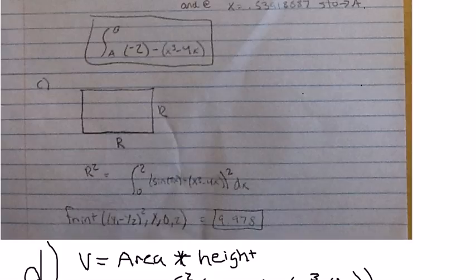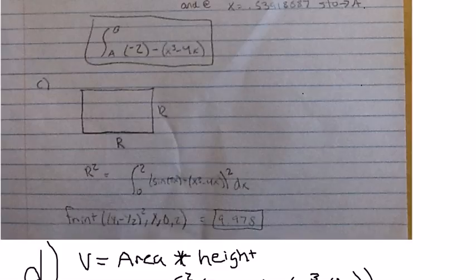Therefore, we know our function, so we can manipulate that to work in this kind of situation. We take the integral from 0 to 2 of sine of pi x minus x cubed minus 4x, which was how we found our area, and then all we do is square that, because that's taking one side of the square to multiply by the other to find the area.